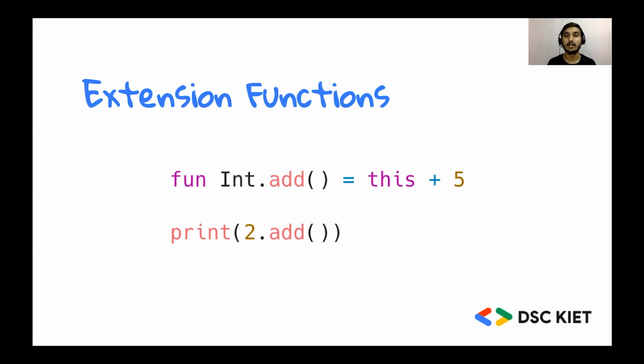So whatever integer you pass would be added with 5. Here in an example, I'm passing print(2.add). So 2 is an integer, so it will add 2 to this function, so it would be 2 plus 5. In the end it would print 7.